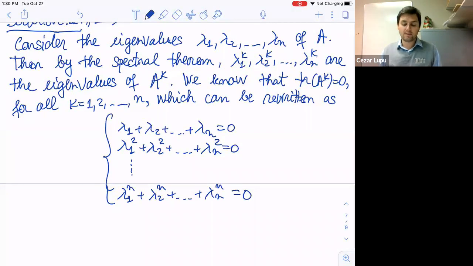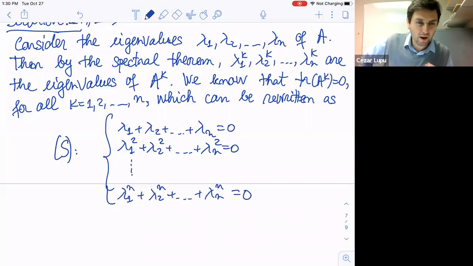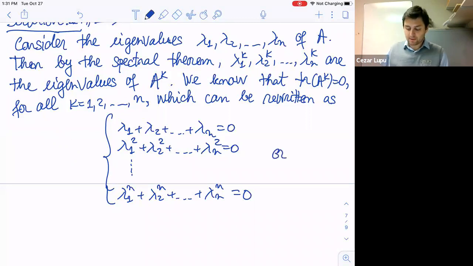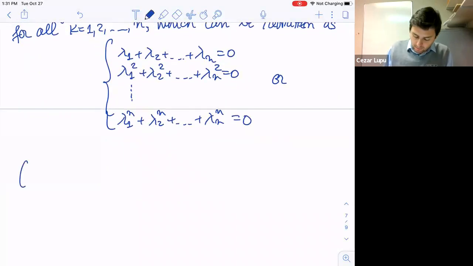We have to rewrite it in a certain way so that you can see it, so that we can make it look like a system.